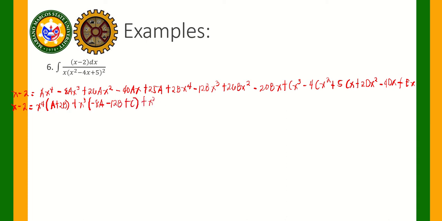And then plus x squared natin, that is equal to 26a plus 26b minus 4c and then plus 2d and then plus, hindi pala, plus 2d. Yan lang. Wala palang x squared si e.